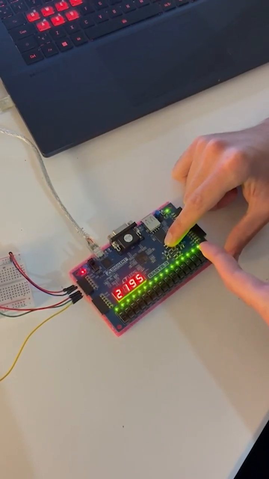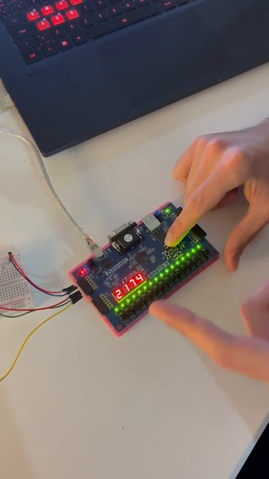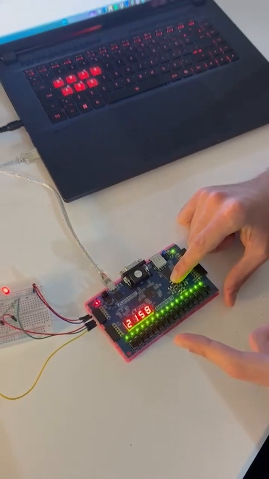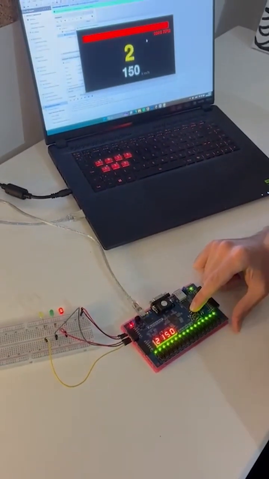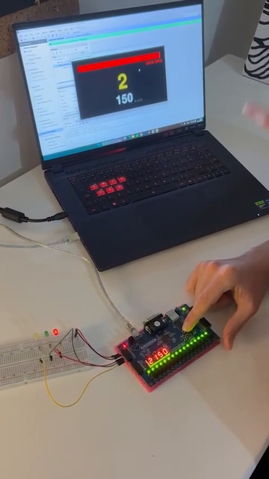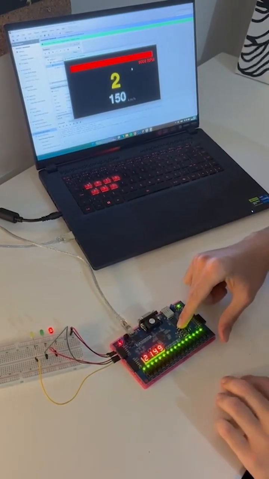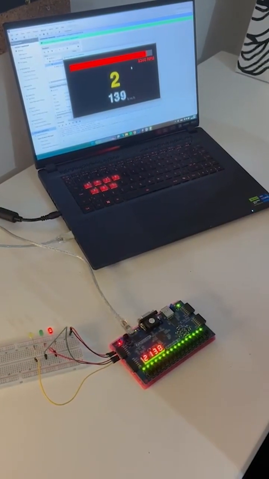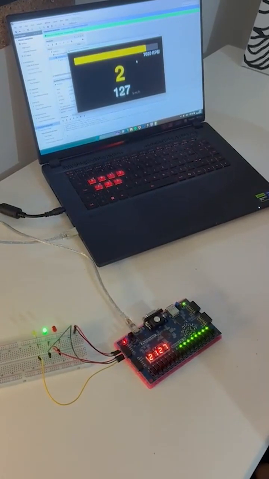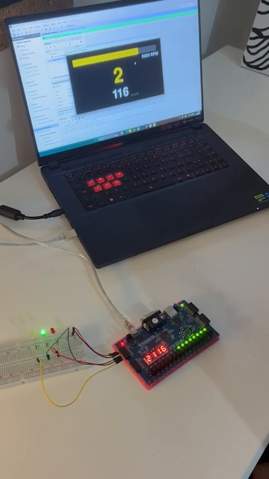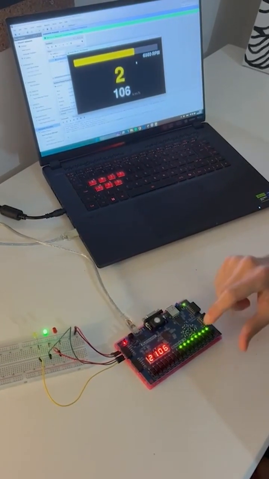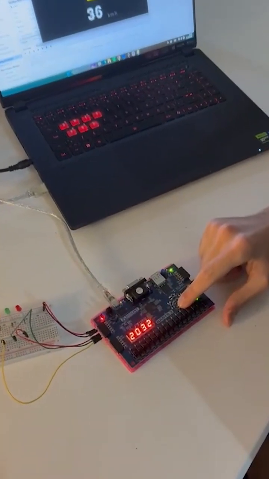Even if I press the up button, it still decreases to the limit of the second gear, and when it hits the limit, it stays there. And if I don't press any button, it decreases because of air friction, ground friction, and the engine braking logic.